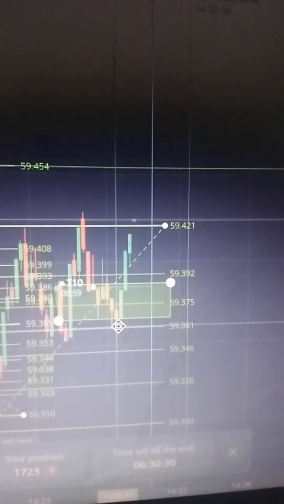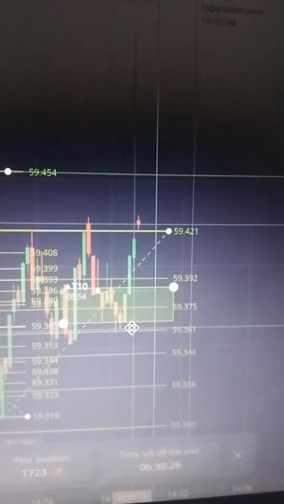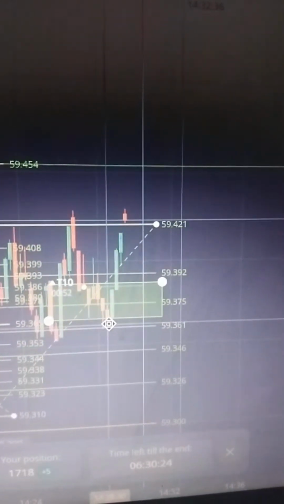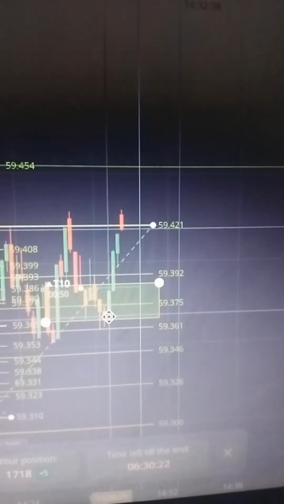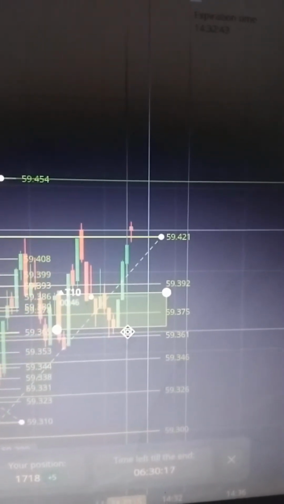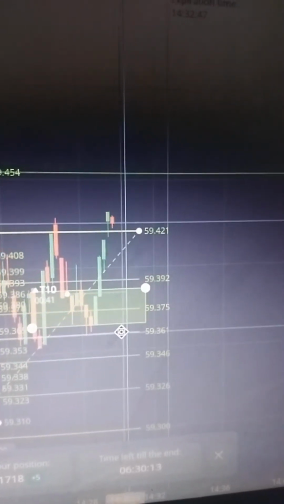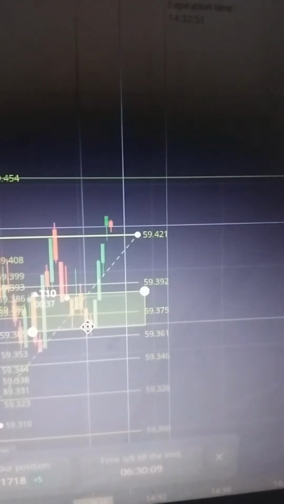Look at the bodies. That is crazy. You cannot get any more precise than this. That's precision right there. It's nice.